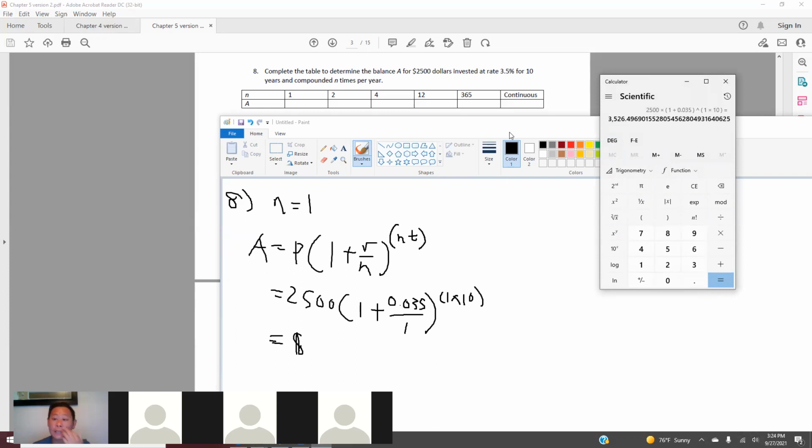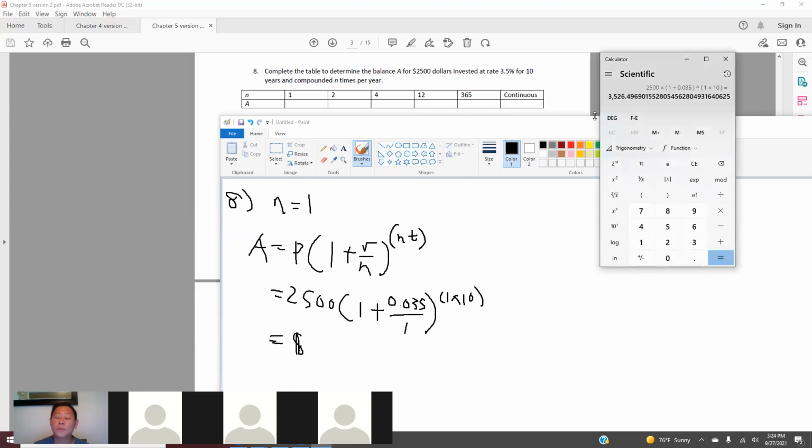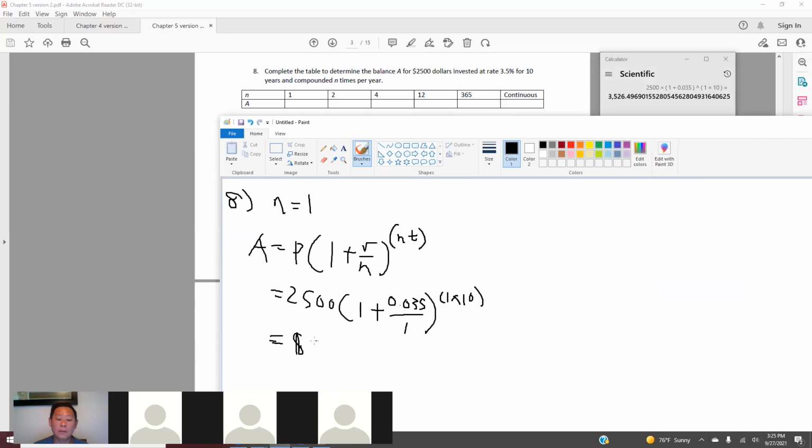Your answer in this case will be 3,526.50. Again, round it to 2 decimal places. So this is where n is 1. You guys okay here so far? Anyone have any questions with this one?